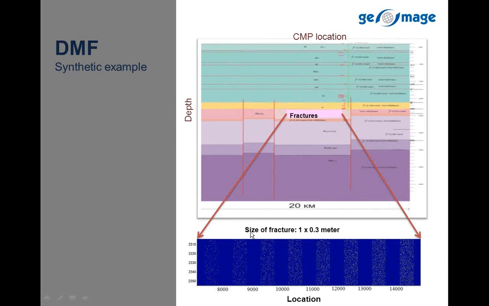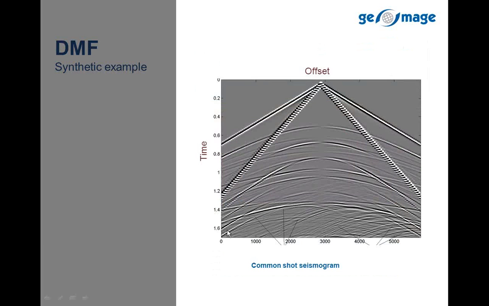Each fracture was modeled by a small inclusion heterogeneity, 1 meter by 30 centimeters. As a result of the modeling, we see that in addition to the strong reflection waves, we have a lot of scattered waves, and this scattering is coming from these small-scale heterogeneities.